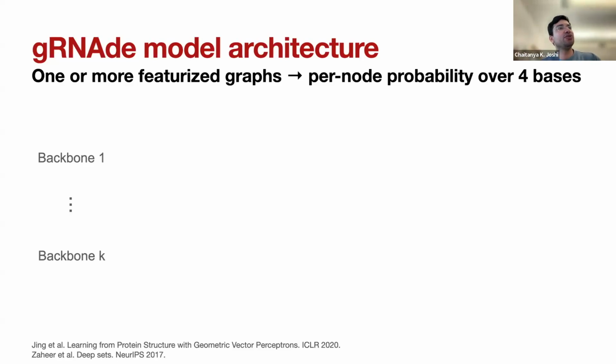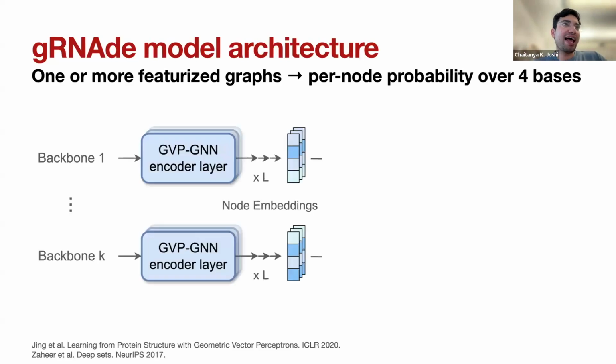You start with these backbone graphs, and we use SE3 equivariant GNN layers, GVP GNNs in our case, to encode each of the backbones. So for every node in every backbone, you're learning a node embedding through multiple GVP GNN layers.